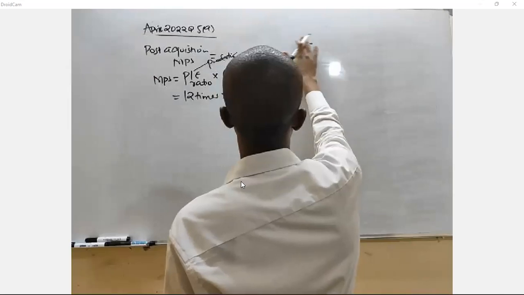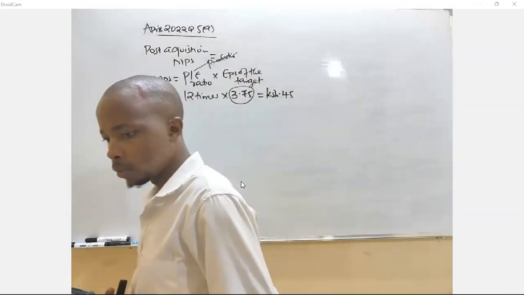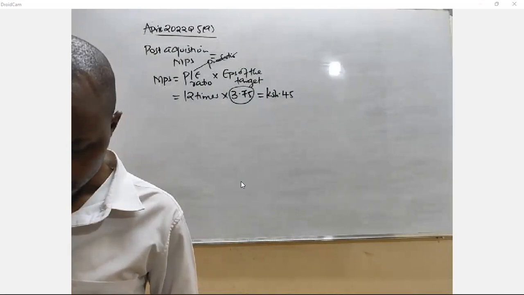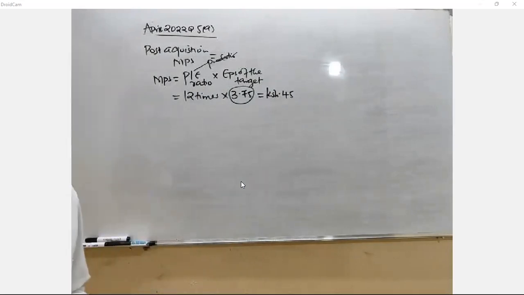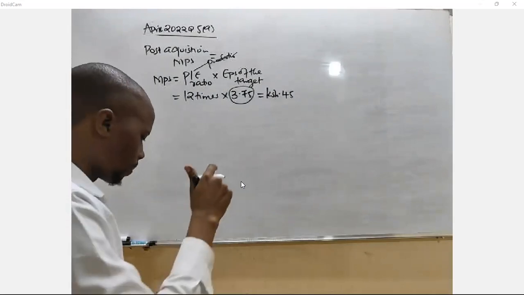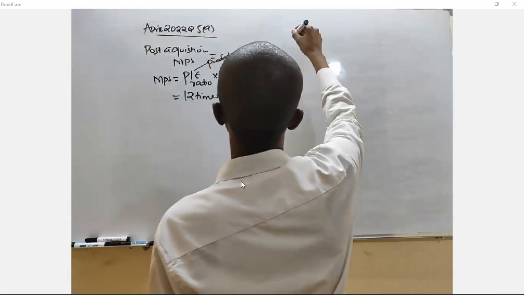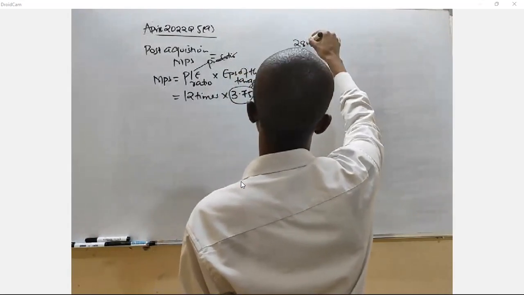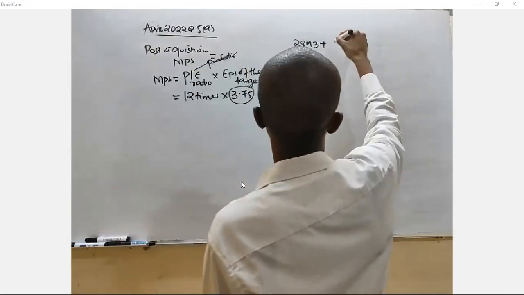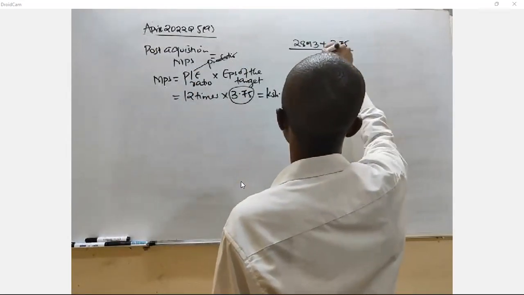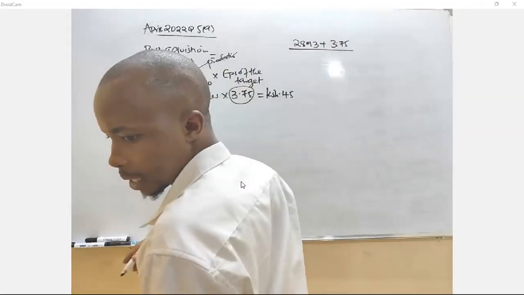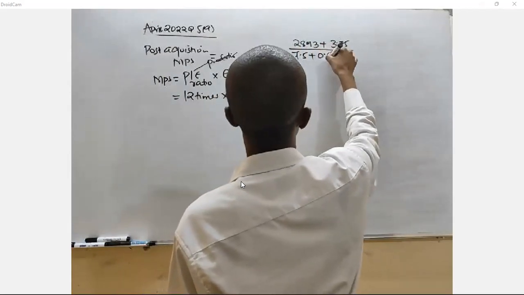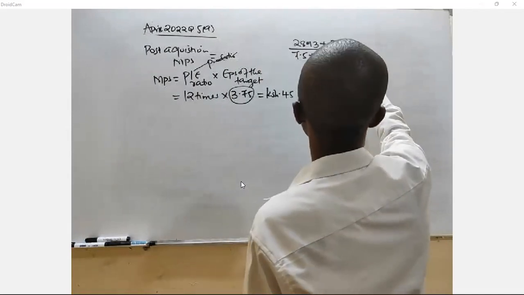If you take our original maximum exchange ratio, which was 0.67, and the post-acquisition earning per share, you take 28.13 plus 3.75, and divide by the number of shares of the predator, 7.5, plus 0.67, our original maximum exchange ratio, multiplied by the shares.